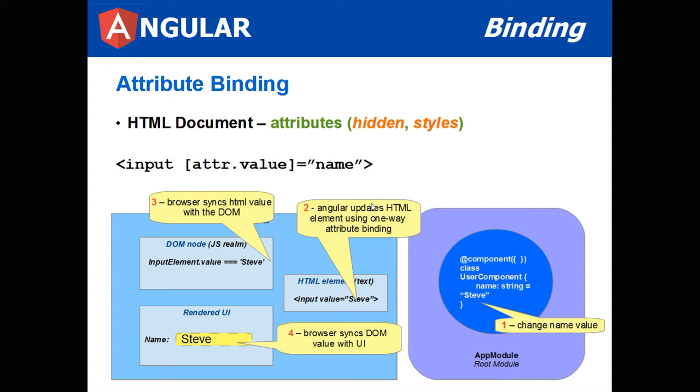Angular updates the HTML element using one-way attribute binding. Then the browser syncs the HTML value with the DOM. And then the browser syncs the DOM value with the UI.